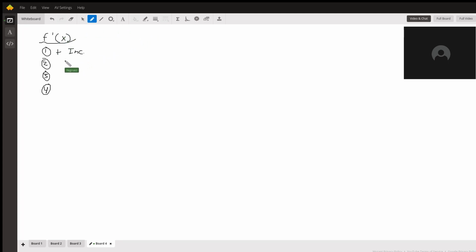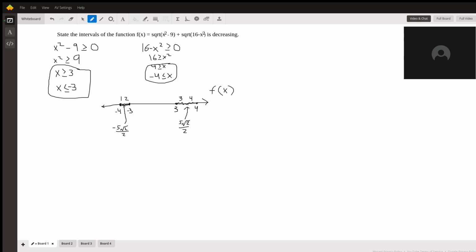According to patterns, this would probably be decreasing, but let's just do it for good measure, especially considering that it's a critical point where we took the derivative. So if I were to put in, say, what was it, 5 root 2 over 2, negative 3.2.